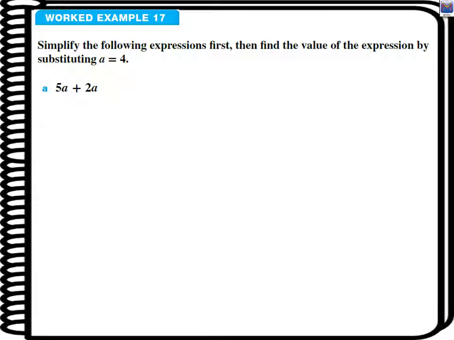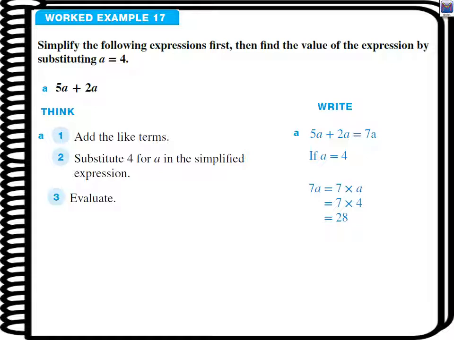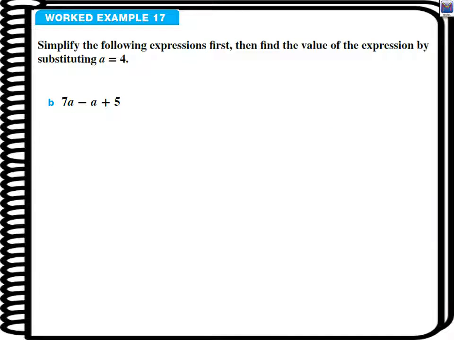Simplify the following first and then find the value by substituting A equals 4. 5A's plus 2A's, 5 of them plus 2 of them is 7. So it's 7A. It tells me that A equals 4, so I substitute that in. 7 times 4 is 28. Let's try this one.